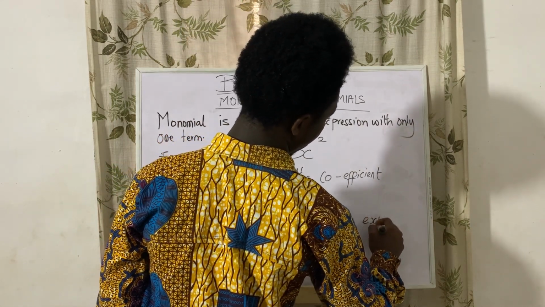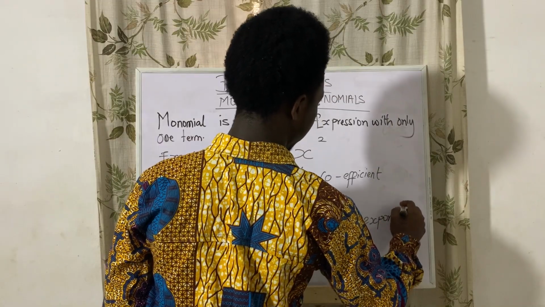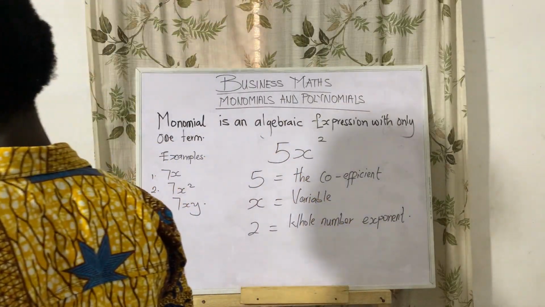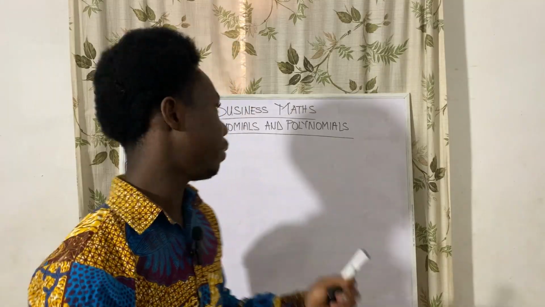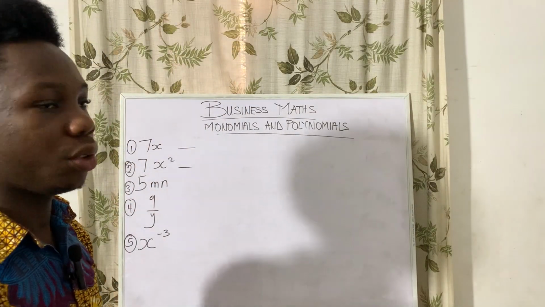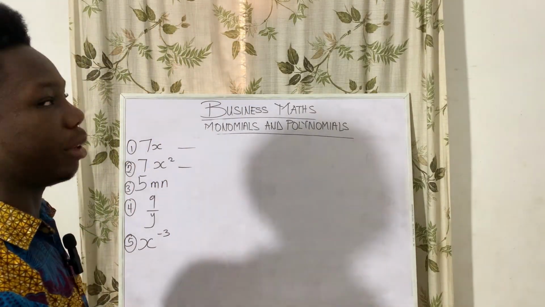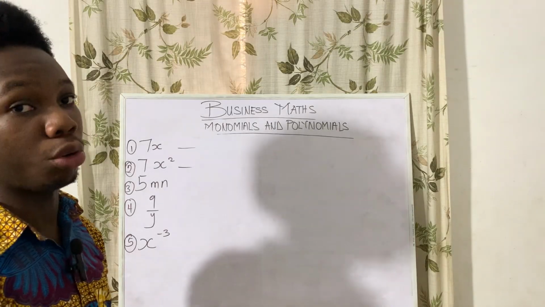Always put this in your head. I hope you understand this. I have these numbers over here. So how do we identify these numbers as monomials or not?